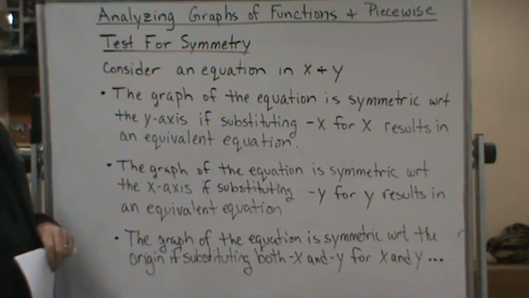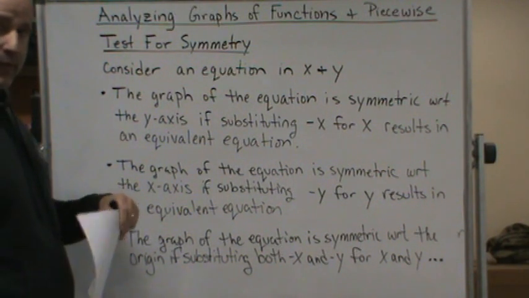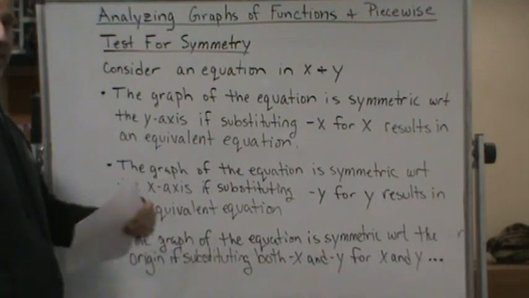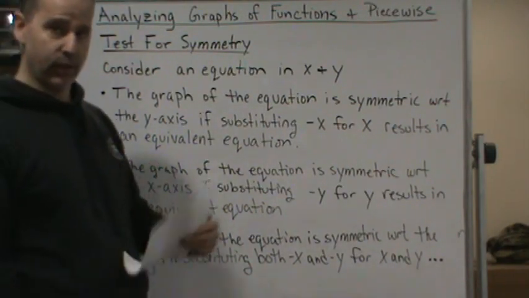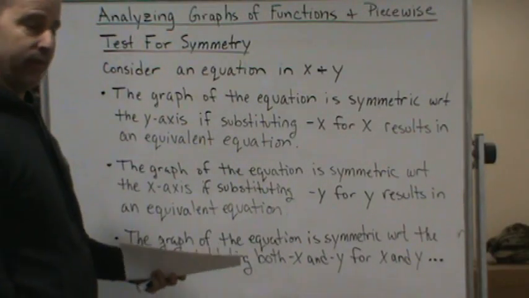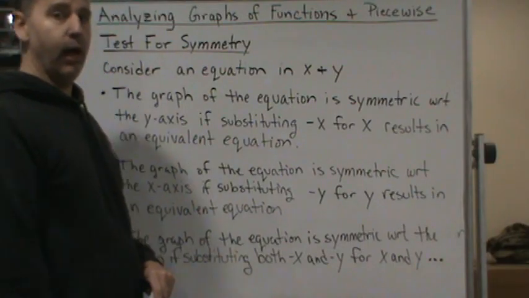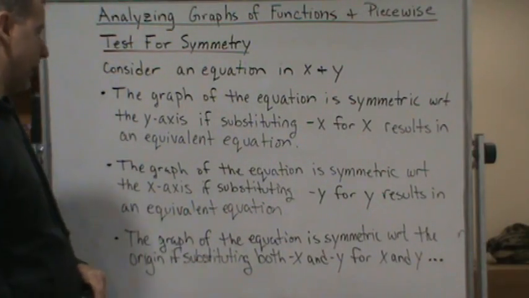So again, if you replace x with negative x in the equation and then simplify it, and you get the original equation back, then that tells you that the graph of the equation is symmetric with respect to the y-axis.